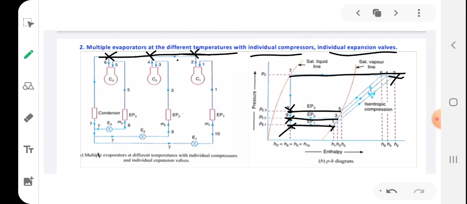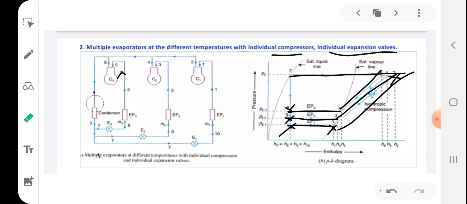So P2, P4, P6 and P7 all have the same outlet line, but the inlet line is different, because the inlet pressure here is 1, here it is 3, and here it is 5. That is the difference. All three different compressors are compressing to the same condenser pressure. So that is the working of this particular system.